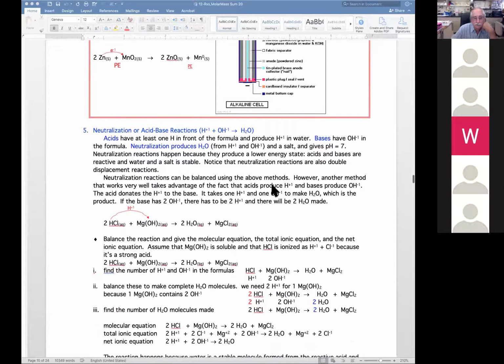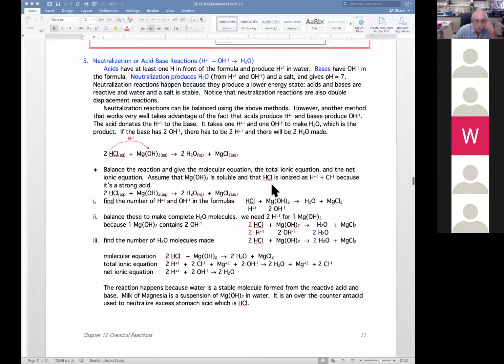Okay, neutralization reactions are actually double displacement. Molecule, molecule, molecule, molecule. So they're not redox reactions. So we can spend our time with them thinking not about electrons going from point A to point B, but about the hydrogen ion. It's the definition of an acid.